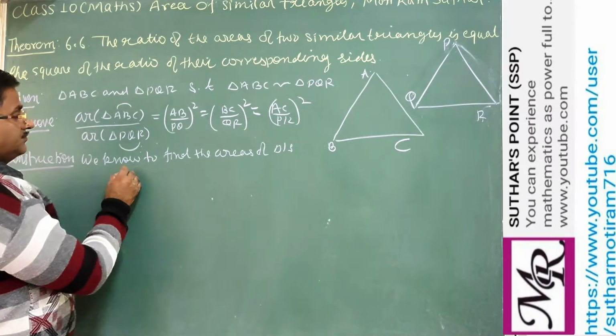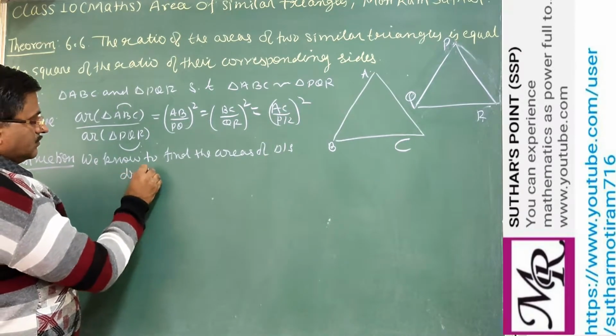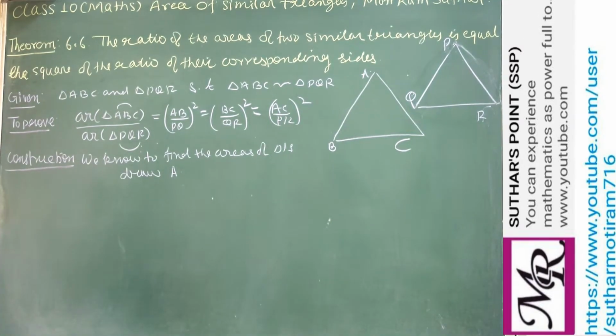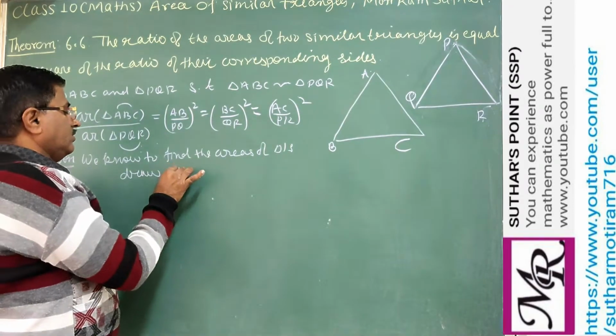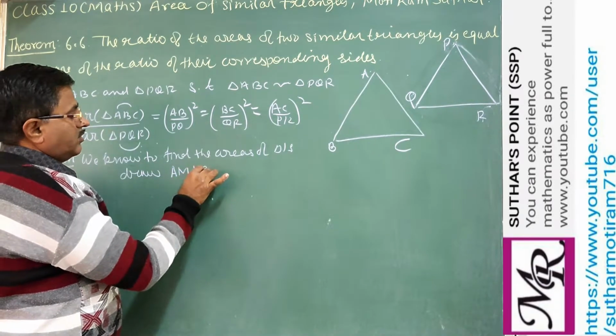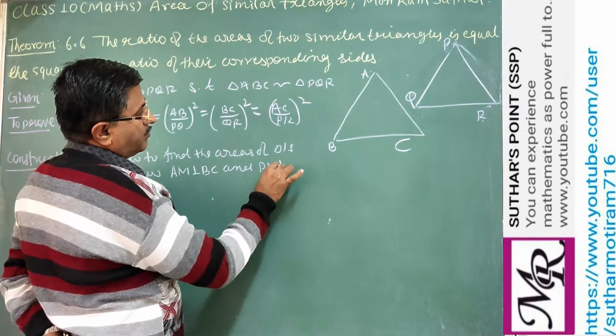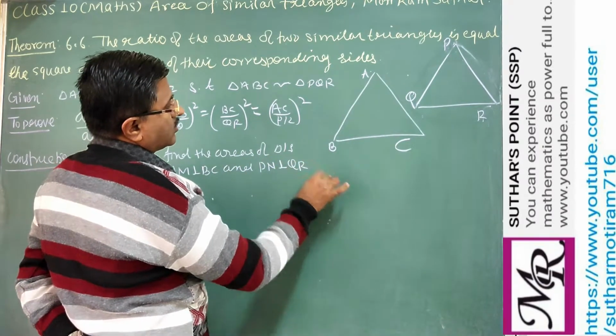So we draw, suppose we name them AM and PN. We draw AM perpendicular on BC and PN perpendicular on QR.